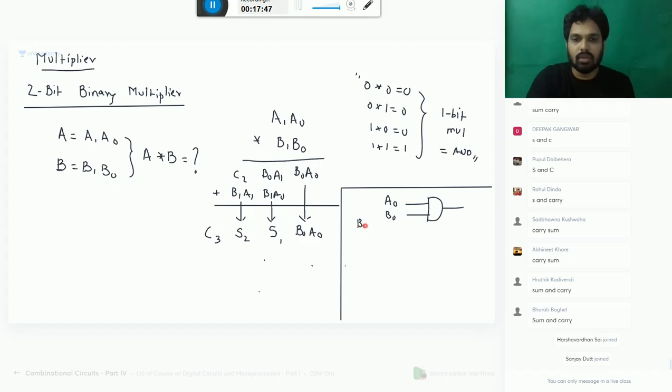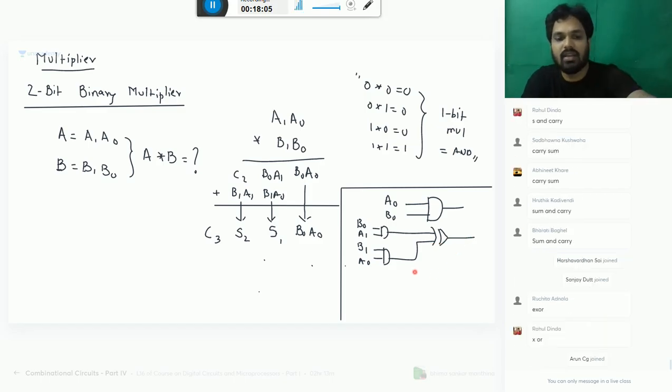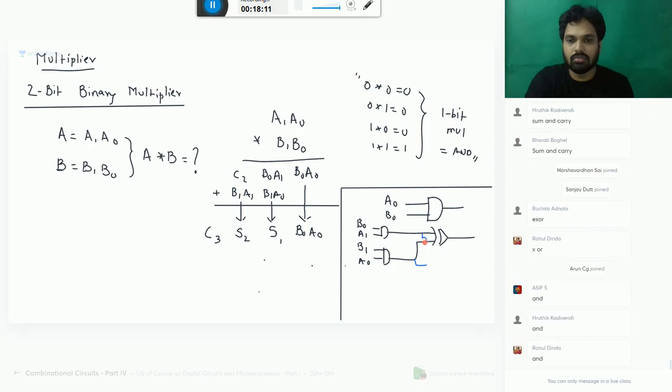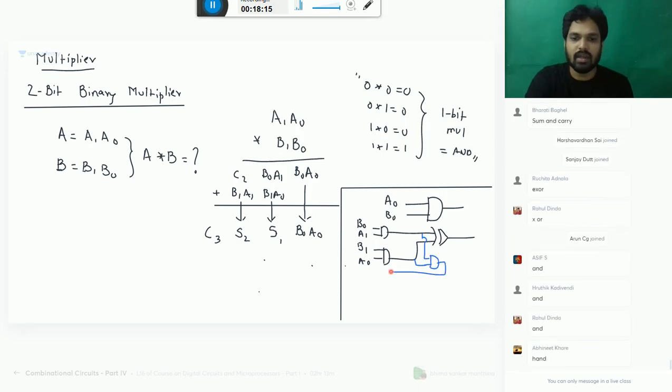These two you will give it to one AND gate. Now for getting sum, what to do? XOR operation. Now for getting carry, what to do? AND operation.